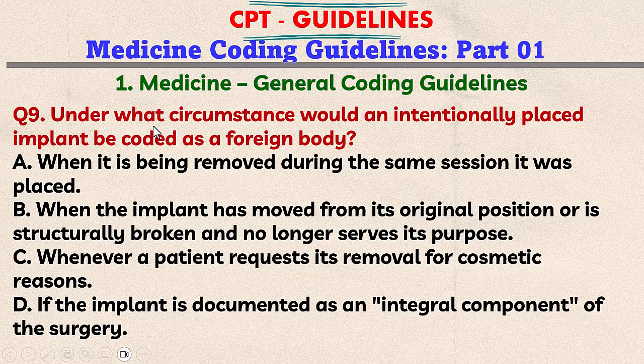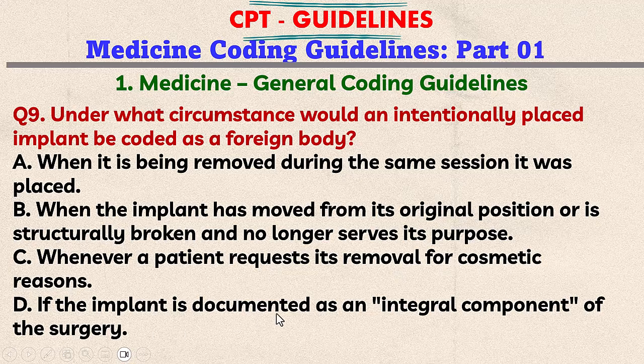Question number 9. Under what circumstance would an intentionally placed implant be coded as a foreign body? A. When it is being removed during the same session it was placed. B. When the implant has moved from its original position or is structurally broken and no longer serves its purpose. C. Whenever a patient requests its removal for cosmetic reasons.